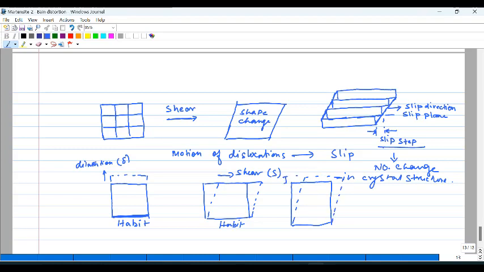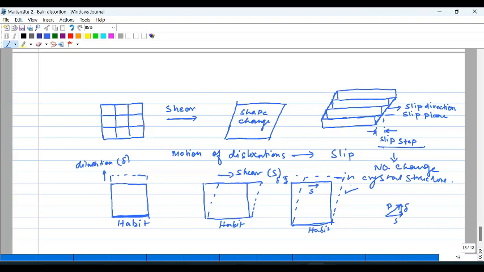So this is the delta, and you have a shear along this direction which is parallel to this habit plane. So the strain that we have, if we call that as P, that's a combination of these two, S and delta, right? And that is this one that you see in the third diagram.